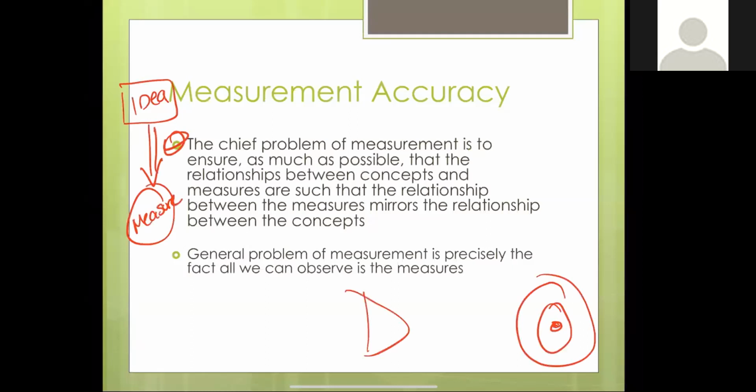You get your little bow here with your arrow, a little stick figure man shooting his arrow. You're going to launch it in this direction. This target is the broad idea you're trying to hit. If you are doing a good job of measurement, you're hitting the bullseye.